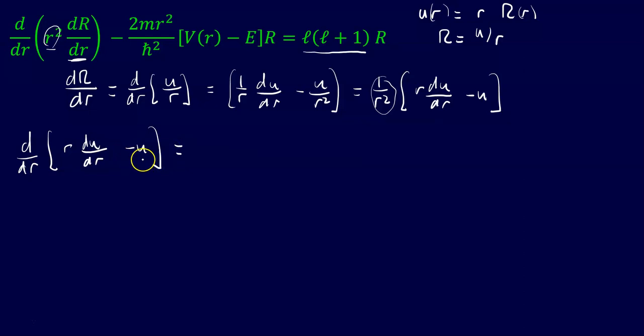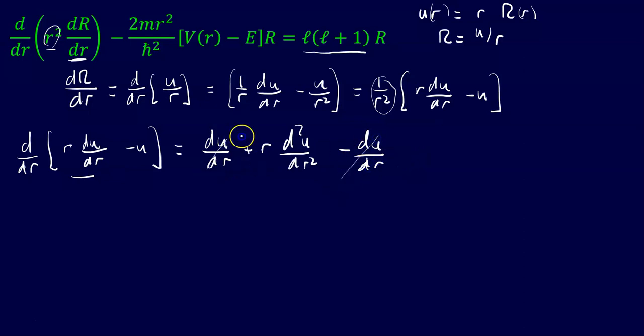And if I go through and actually find this derivative, there'll be again a product rule with these two guys, where I get these two terms here. And then lo and behold, I get a negative du dr. And so these two pieces cancel. And so this is basically the reason that we do this. It just makes this much simpler.